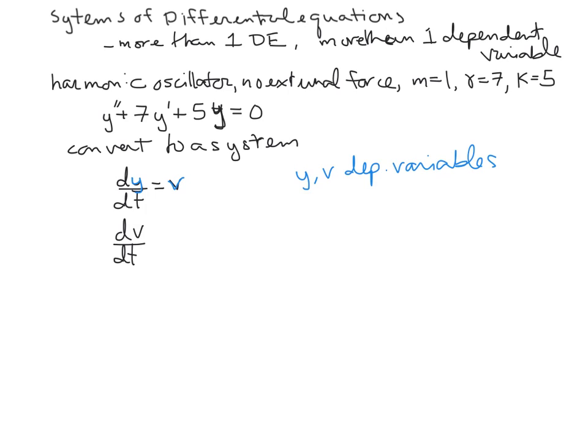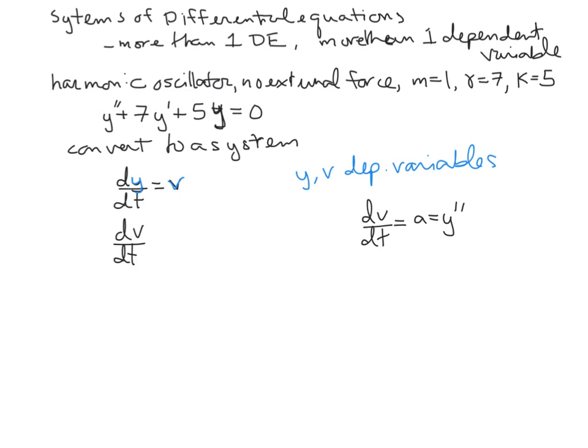Now remember, and this is some side work here, that the derivative of velocity is equal to acceleration, and acceleration is equal to the second derivative of position, and we have an equation for the second derivative of position up here. We haven't used this one yet.